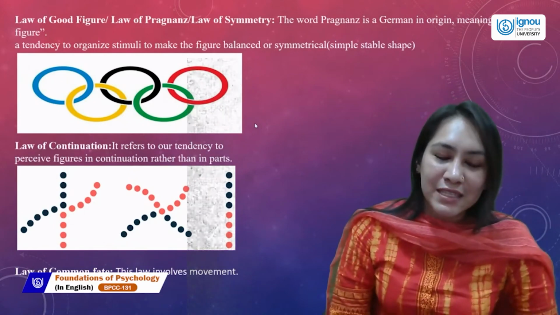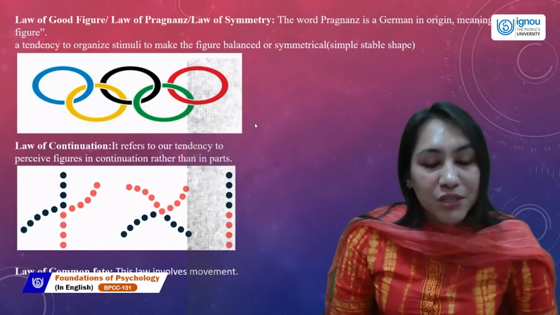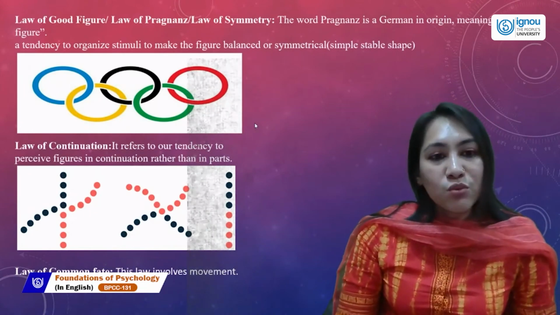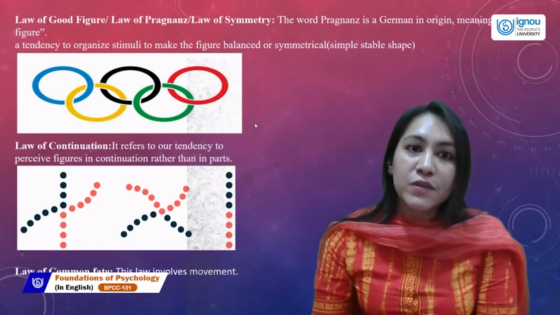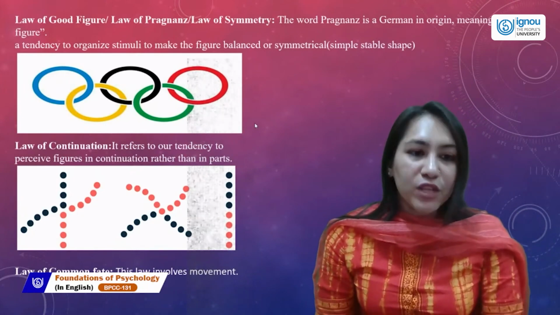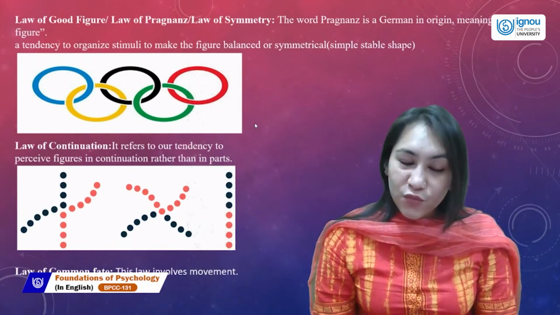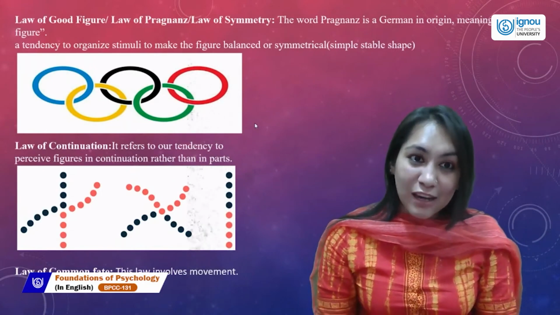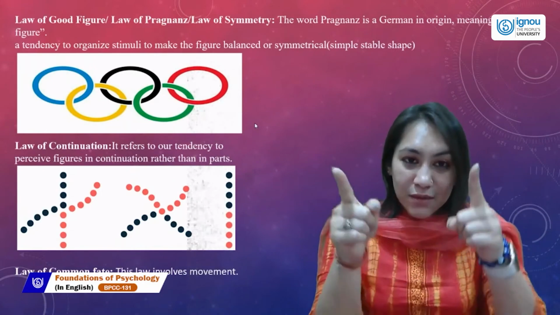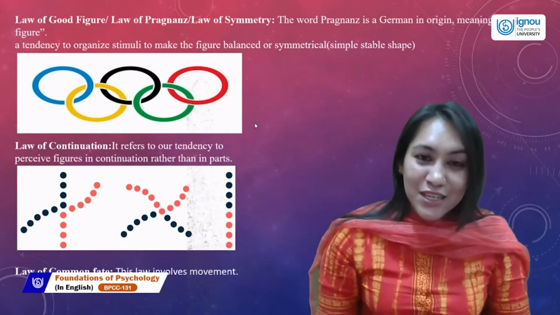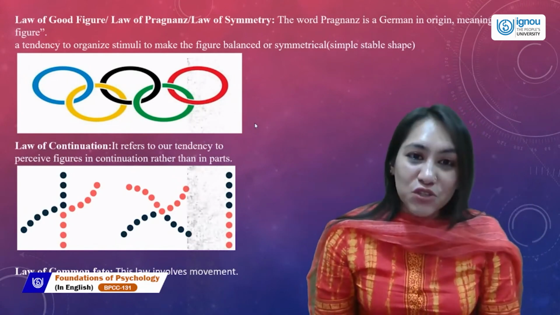can recognize it. Now the next is the law of continuation, as the figure suggests. See, this law says anything which is moving in continuation is perceived as a figure. So when you see these, your ability to see the cross would be one, because they have the similar color. Also, the crosses this time you might see them like this, a cross like this, not like this. So that's again continuation.